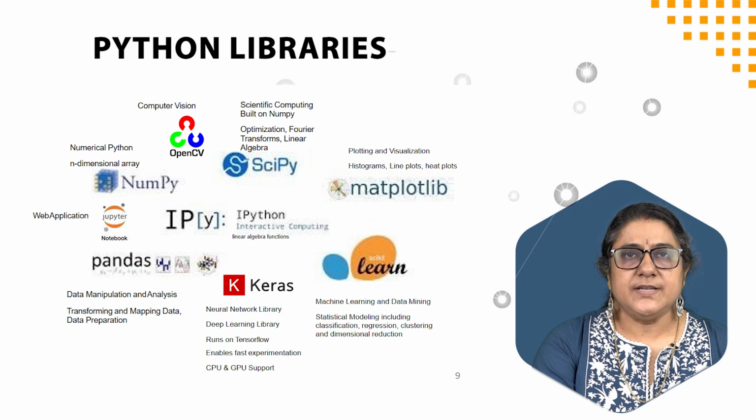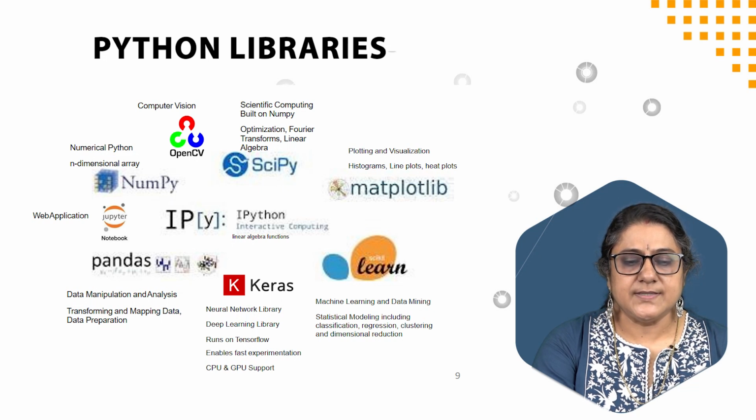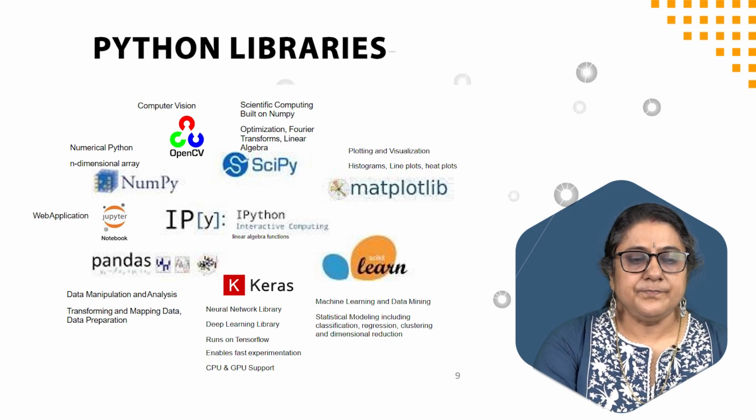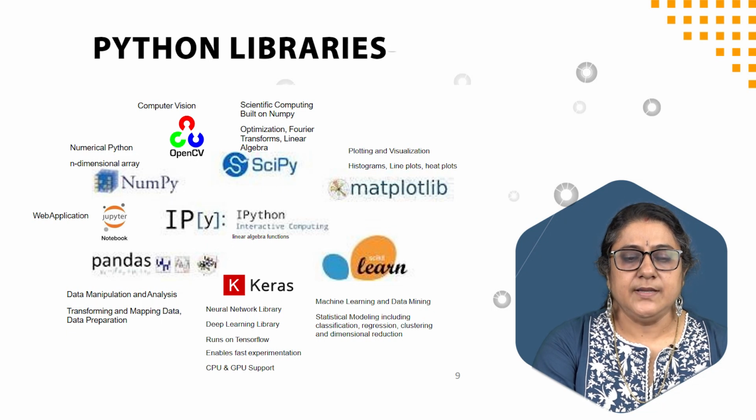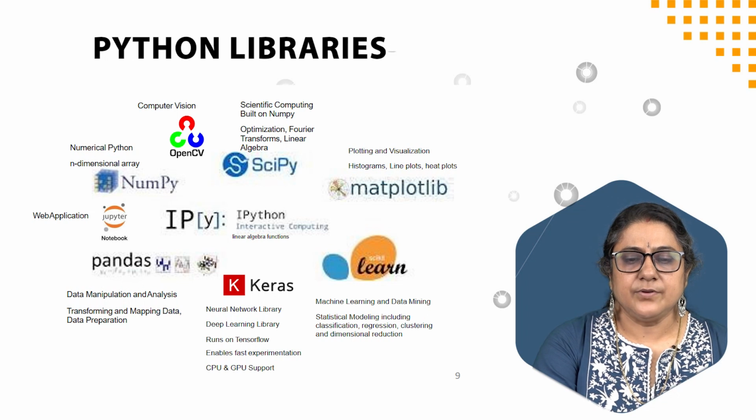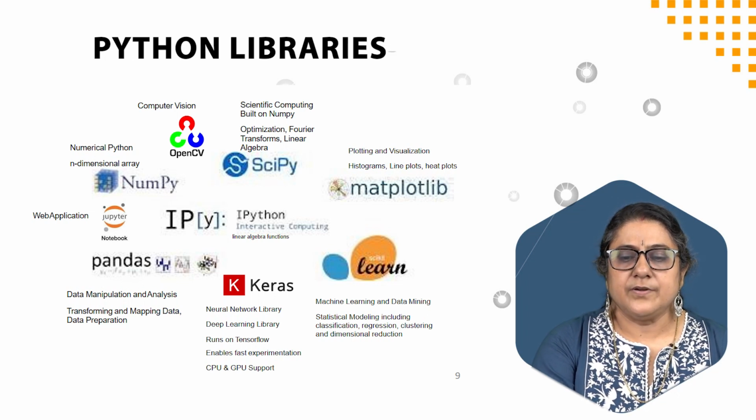Then pandas for data manipulation and analysis, for transforming and mapping data. Then Jupyter Notebook as IDE, IPython for interactive computing, and scikit-learn for machine learning, data mining, and statistical modeling.